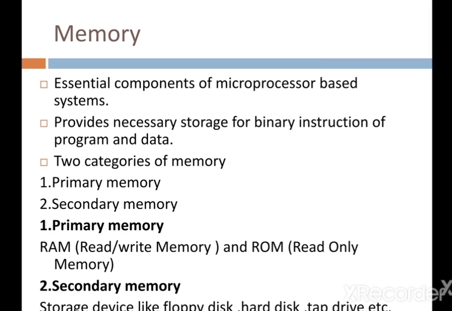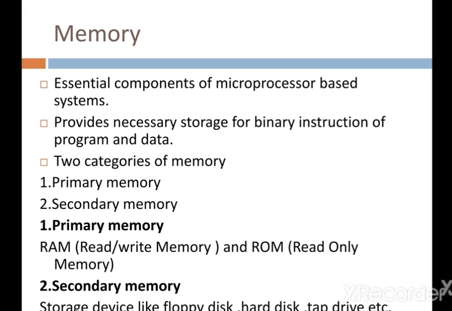As primary memory, RAM and ROM are used. Full form of RAM is read write memory, otherwise random access memory, and ROM is read only memory. As secondary memory, storage devices like floppy disk, hard disk, tape drive, etc. are used.